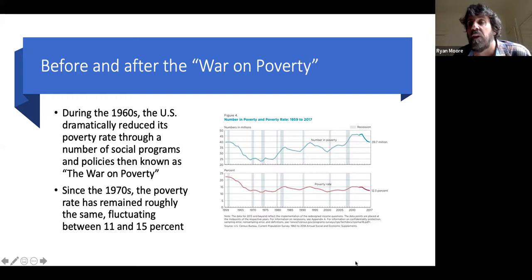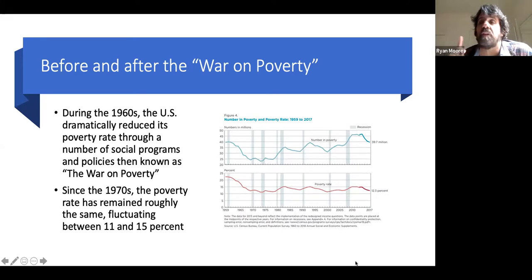And some would say, I would say, they shifted from the war on poverty to a war against the poor. Certainly the Reagan administration in the 1980s began that process. And so ever since then, the United States has not really made any progress in eliminating poverty.